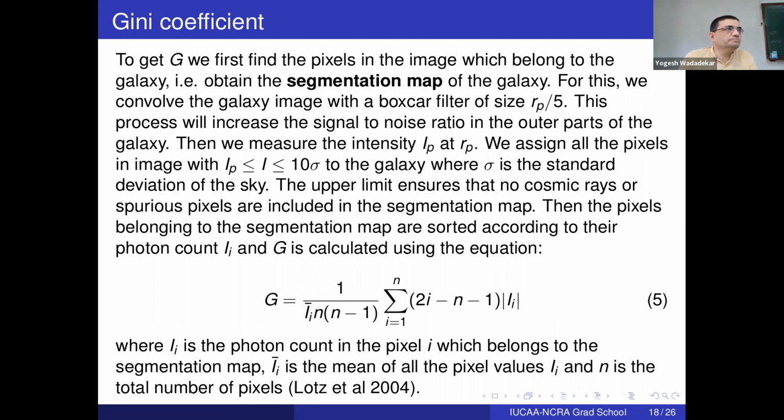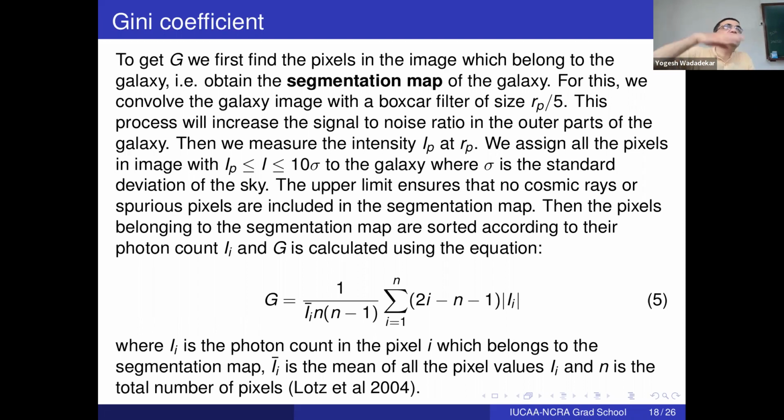So normally, the one standard way in which you decide whether a pixel belongs to an object or not is to compare the value that you measure in the pixel with the random distribution of the sky background.